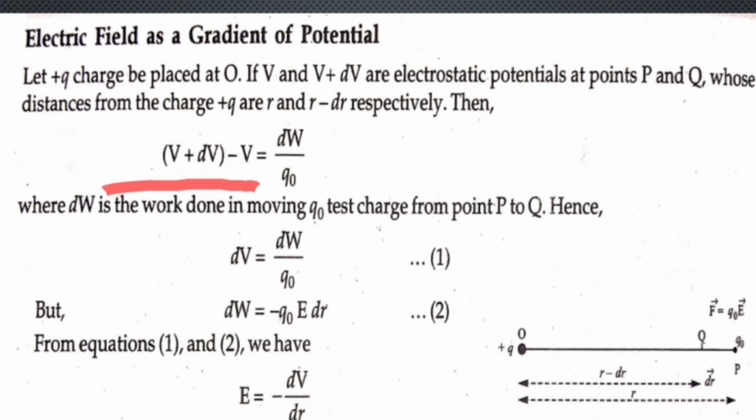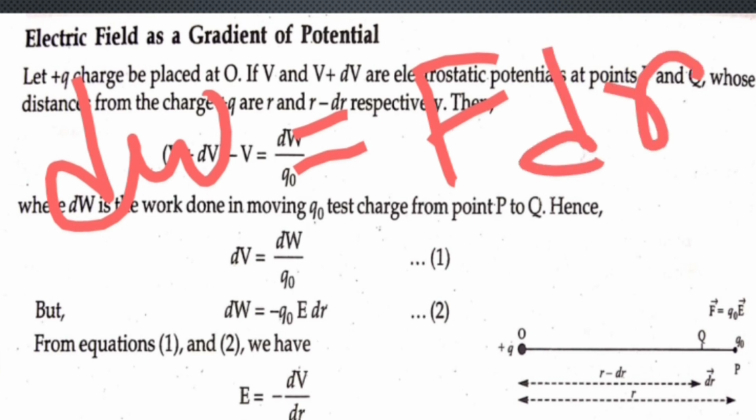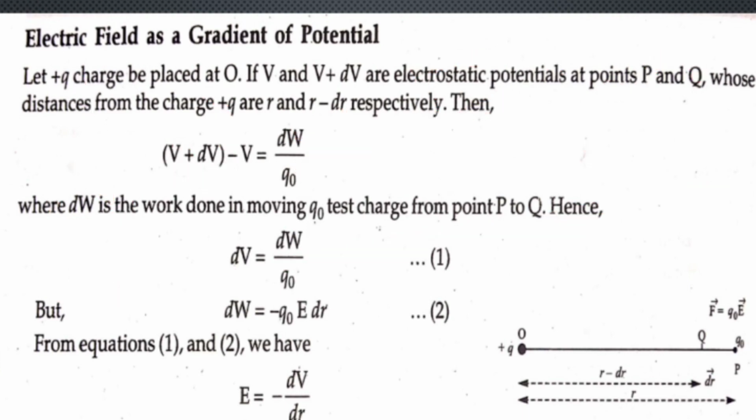Now, next is, I saw this previously, that dW equals F dx, or F dr, whatever, x, r, anything, the distance, right? Can we write this one? Yes, of course I can. Then if I can write this one, in place of dW, can we write this one? Yes, of course I can write.